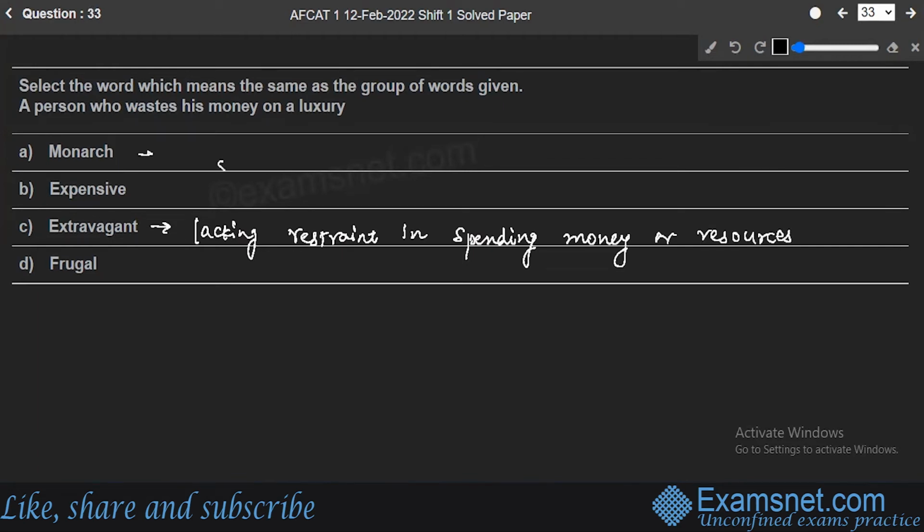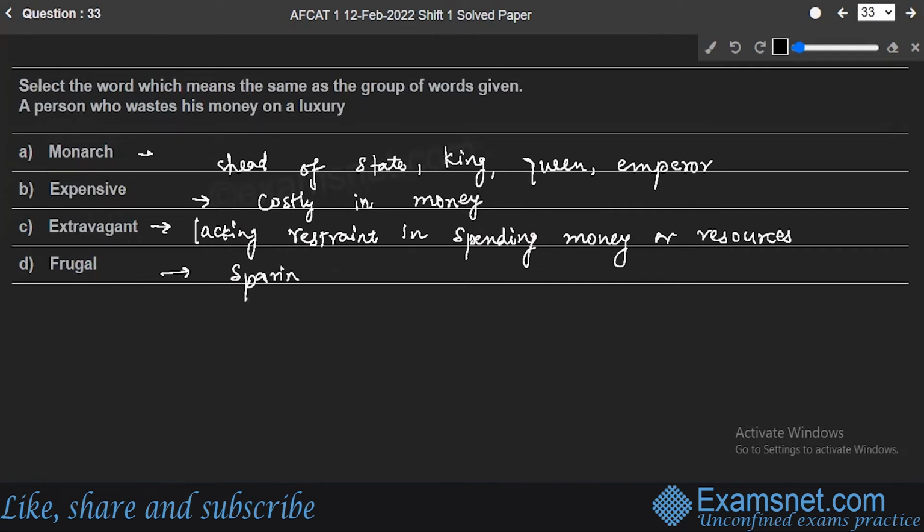Monarch, it's like head of state, like a king, queen, or an emperor. Expensive means costly in terms of money. Frugal means sparing or economical as regards to money or food.